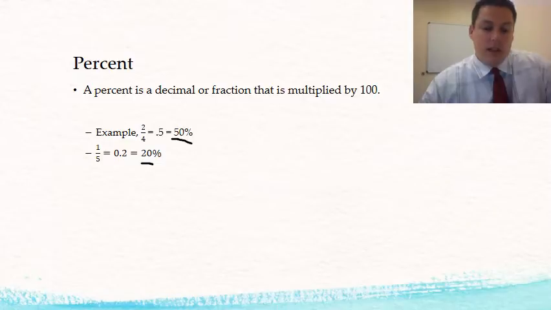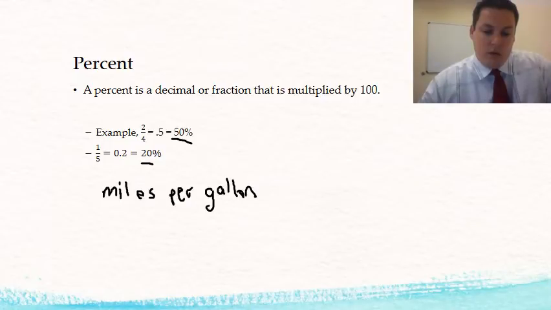Now remember, anytime you see something like miles per gallon, we're talking about some sort of ratio. The word per means ratio, because if we were to write this out, it'd be miles per gallon.